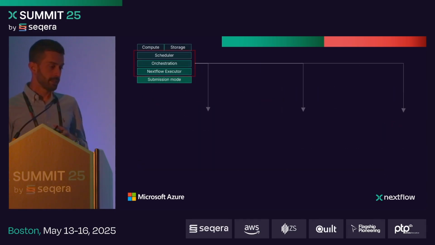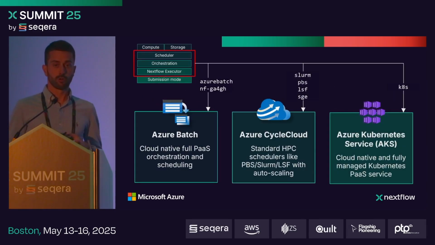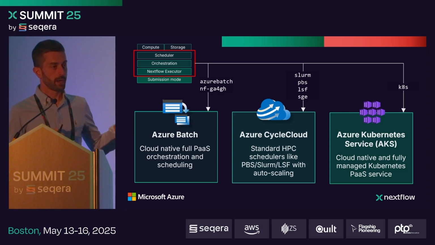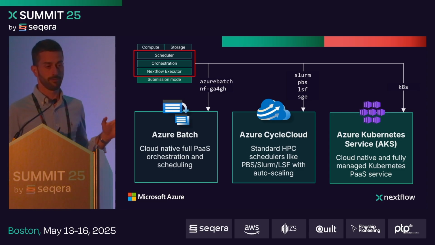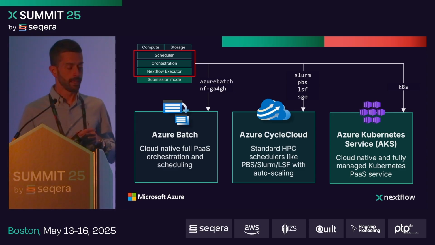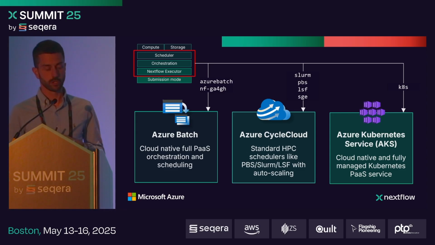Having said this, in terms of the different orchestration solutions, if we now focus on Microsoft Azure, there are many Nextflow plugins and executors that can be mapped to the different orchestration solutions available in Azure Cloud. There is the most cloud-native one, which is Azure Batch, that works thanks, for example, to the Azure Batch executor.